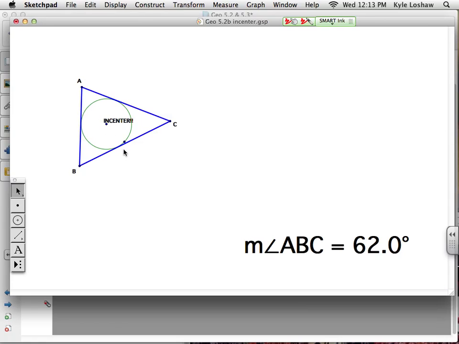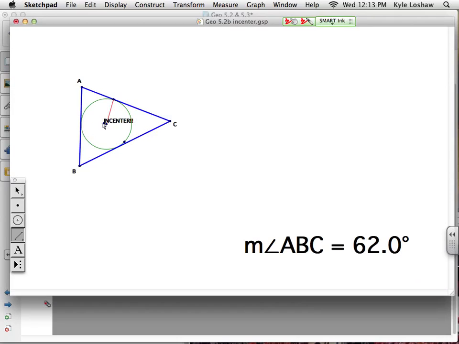So I wonder what that means. Well, let's take a look. If I construct a segment from the center to about where we intersected, right there, what do we call that line? Good, correct. It's the radius.